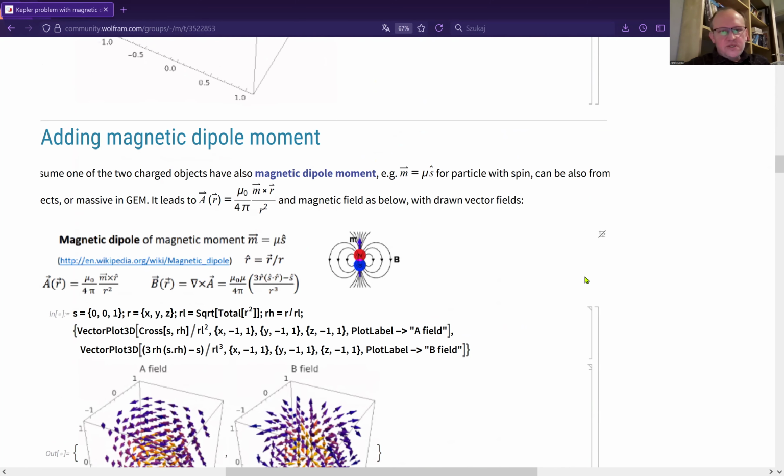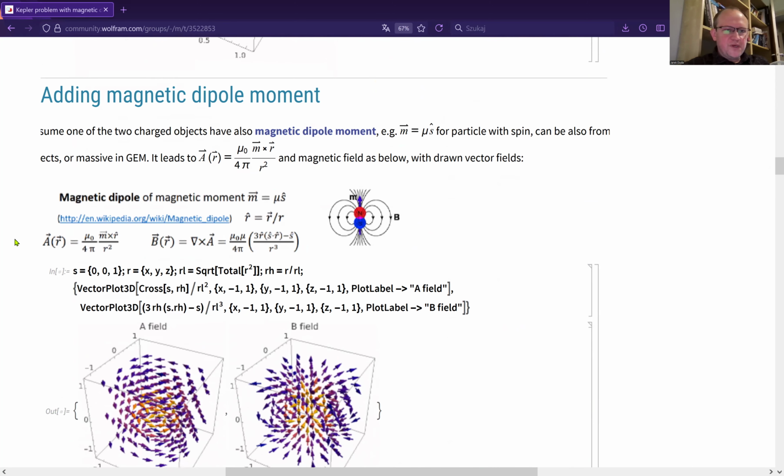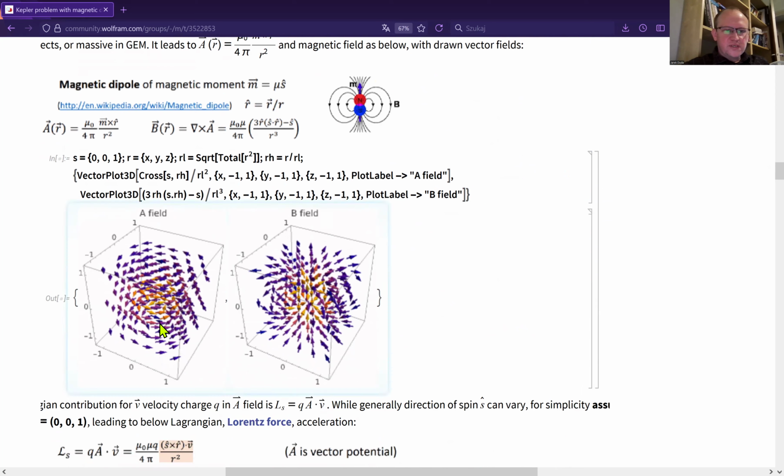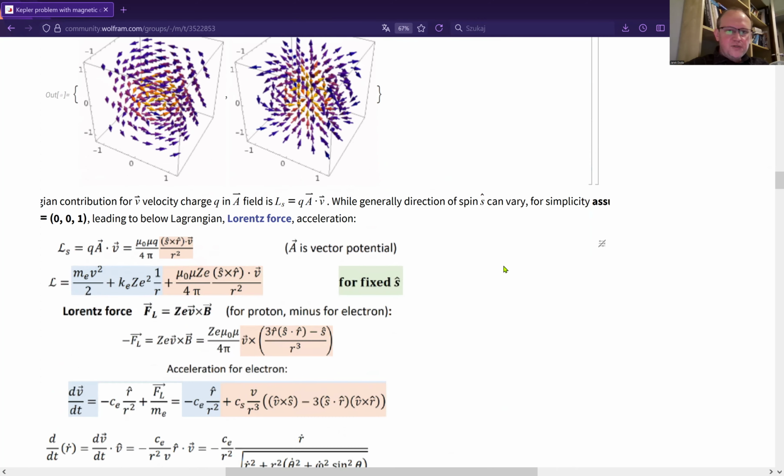Now let's think about adding this magnetic dipole. Mathematically, for a dipole, here is the formula for the A field and its curl, the magnetic field. Here they are shown as vector fields, the A and B fields. To include them in the Lagrangian, we use A dot velocity times charge.